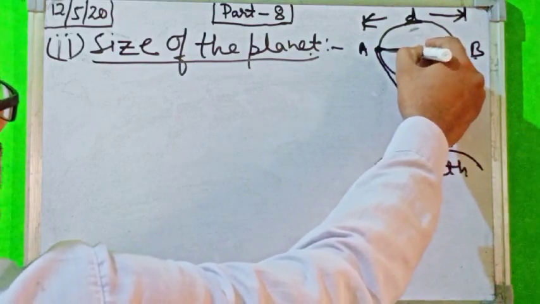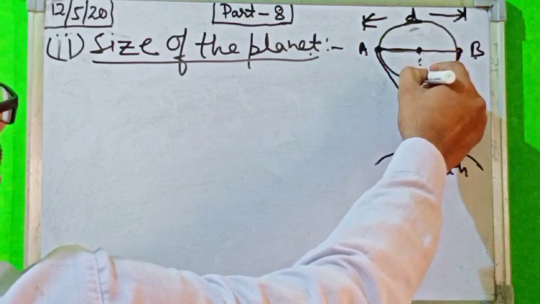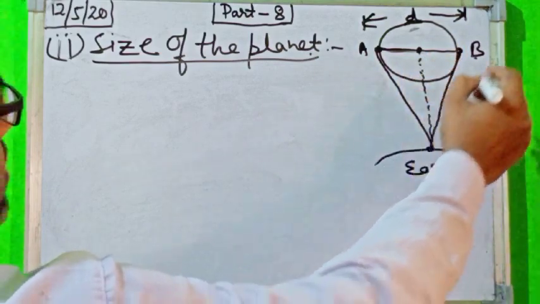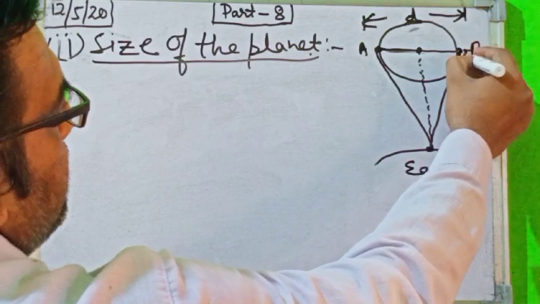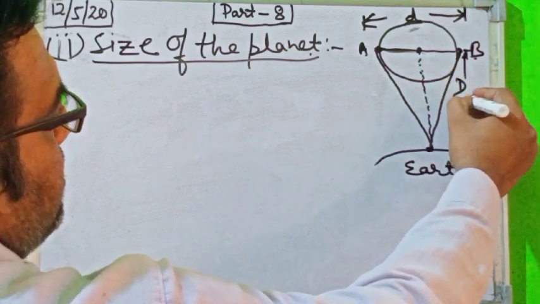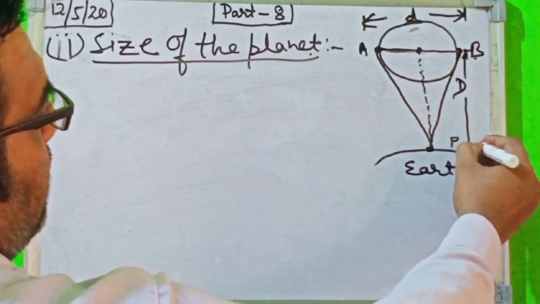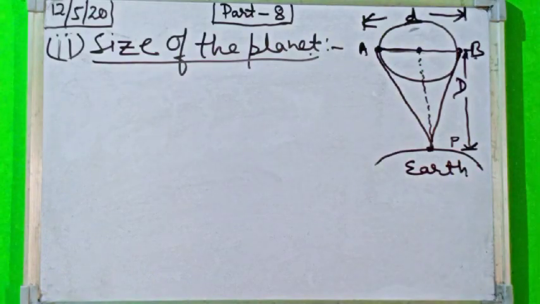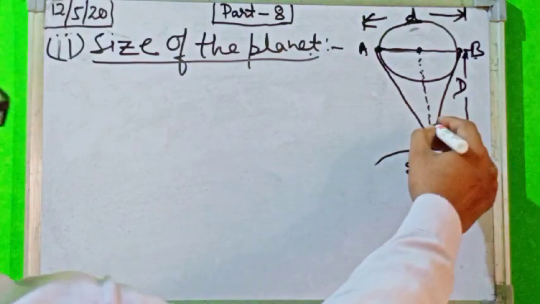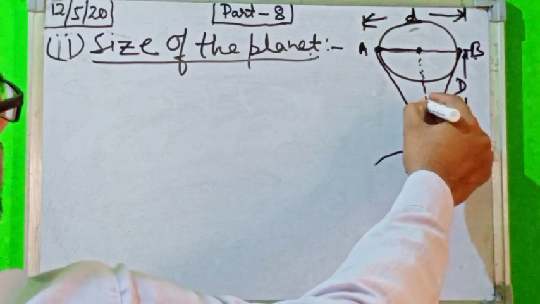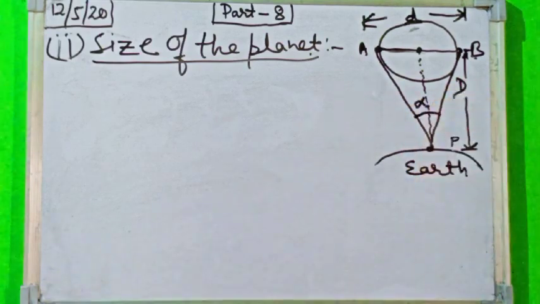From the center of the planet, let us assume this distance is capital D. This distance is capital D, which we measured in the previous case, and this is the parallaxical angle, the angle between two lines of sight at the surface of the earth.